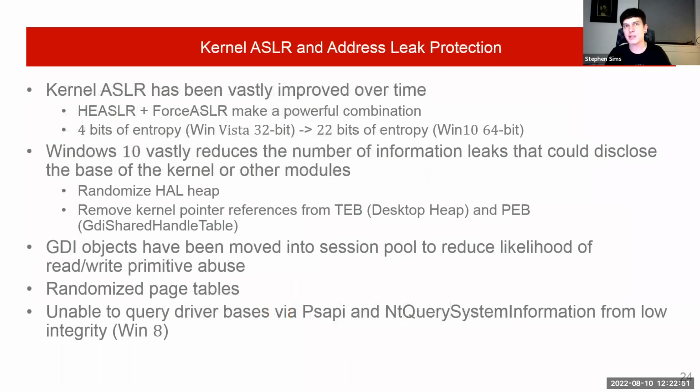Kernel address space layout randomization. So remember earlier when I was saying how attackers target the low-hanging fruit. Wherever it's easy is where I'm going to go. But if we attack an area so much that we start putting a lot of mitigations and protections and basically policemen at that location, then attackers are going to move somewhere else.